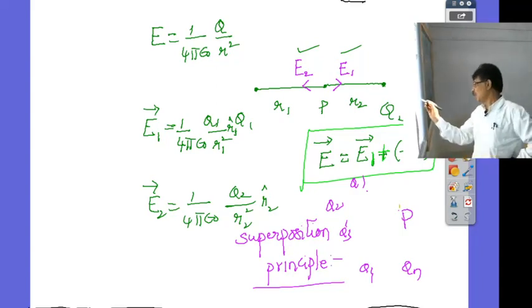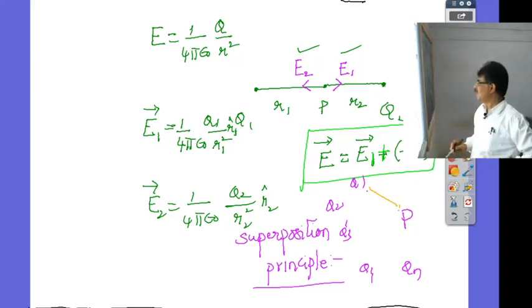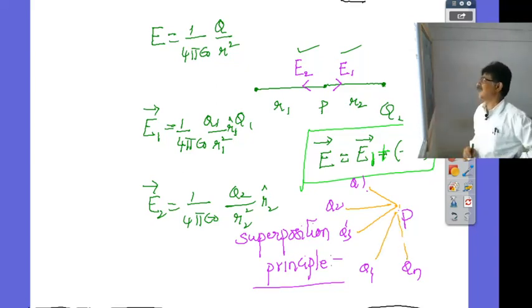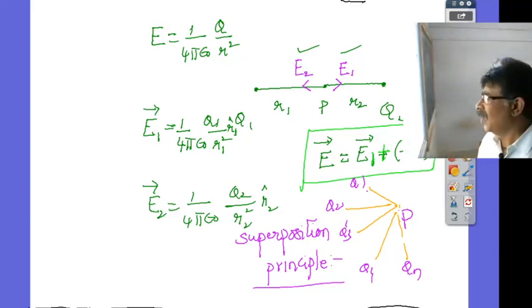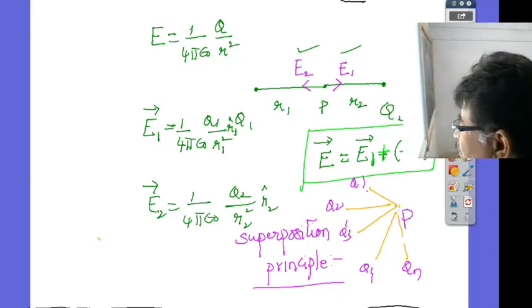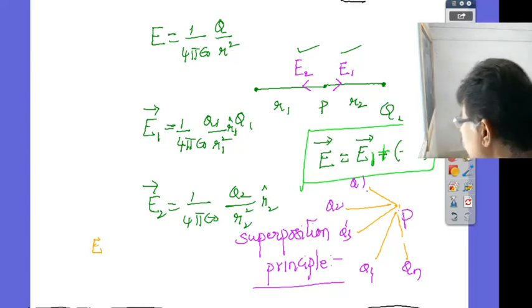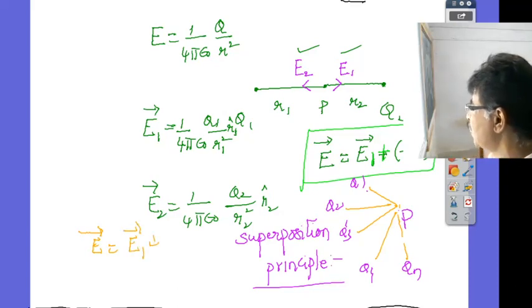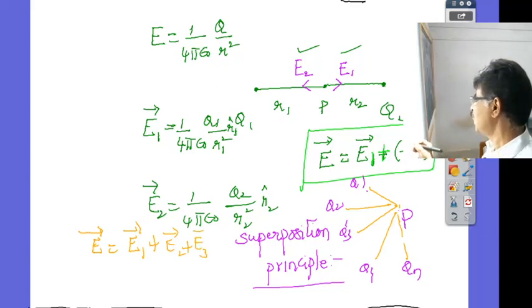You calculate the electric field because of Q1, then Q2, then Q3, then Q4, and finally Qn, and you add all those electric field intensities vectorially, like E is equal to E1 plus E2 plus E3 plus E4, and so on up to En.